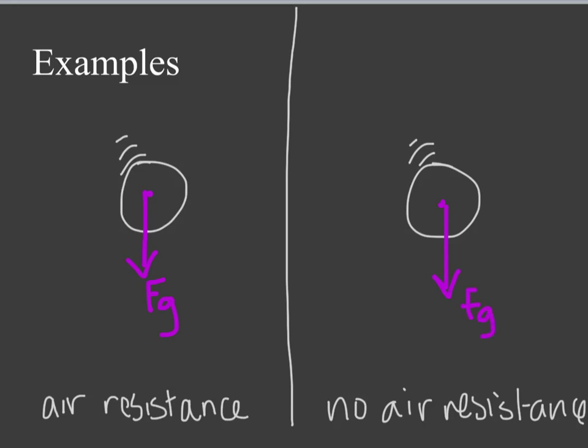And in the area with air resistance, the force of gravity is pulling the ball down. In this case, the ball is moving down, and so the force of the air resistance will be up. And most of the time, the air resistance force is going to be less than the force of gravity. But when there's no air resistance, we won't get that resistive force, and so we don't have to add anything new to our free body diagram.